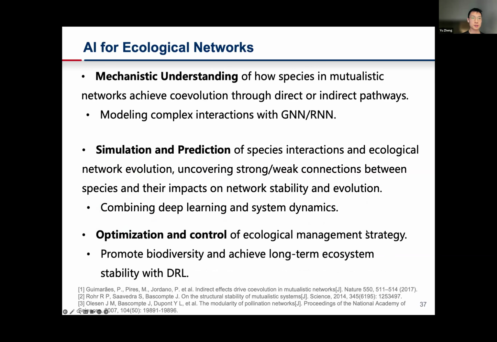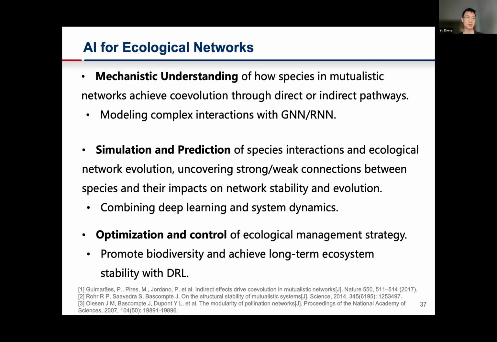AI for ecological networks also has three different roles. First, very similar to biological networks, is mechanistic understanding of how species in mutualistic networks achieve coevolution through direct or indirect pathways. For example, we can model complex interactions with graph neural networks or recurrent networks.